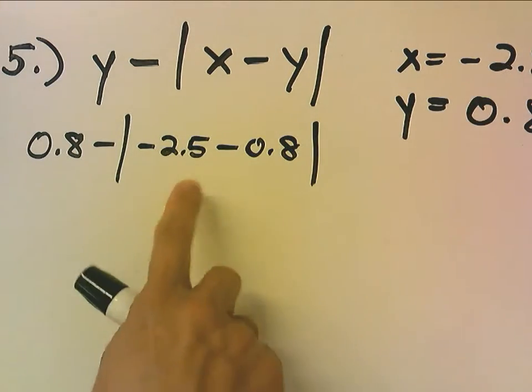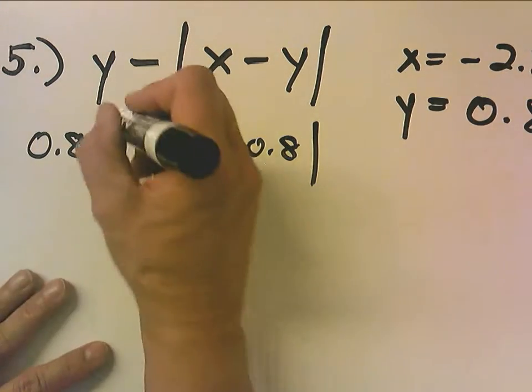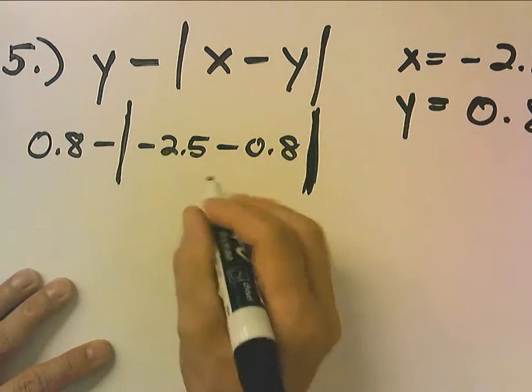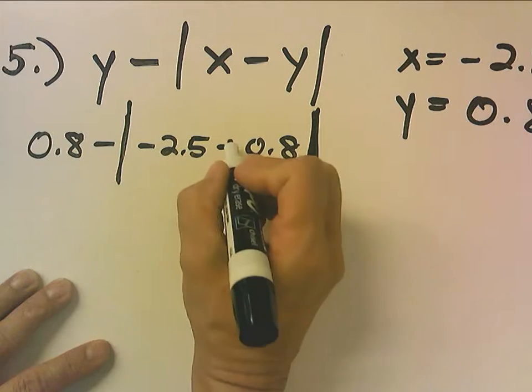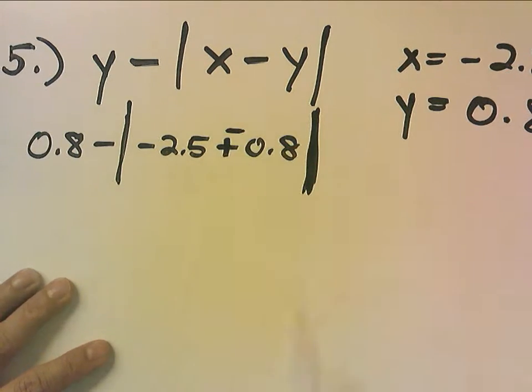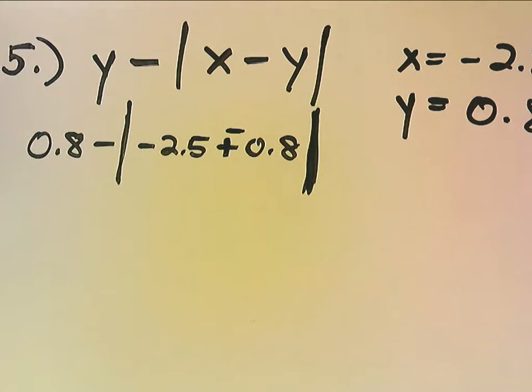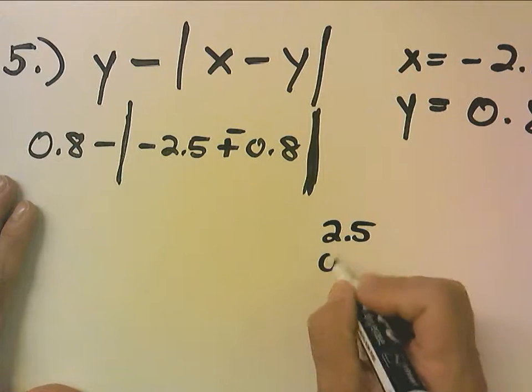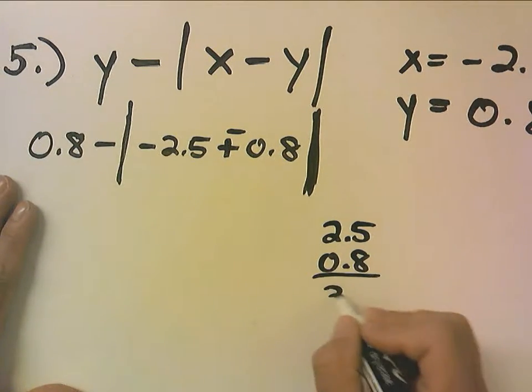So now, inside the absolute value is what I have to simplify first. And I have subtraction. Well, when I see subtraction, I change it to plus the opposite. So now I am adding together two negatives.